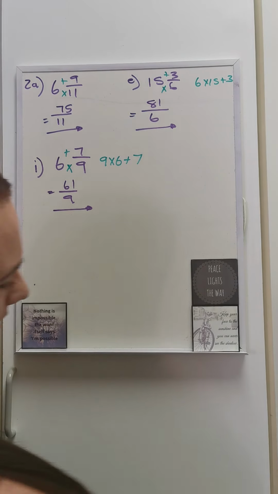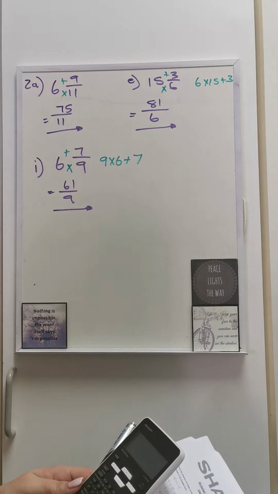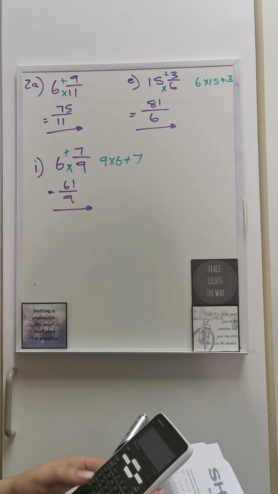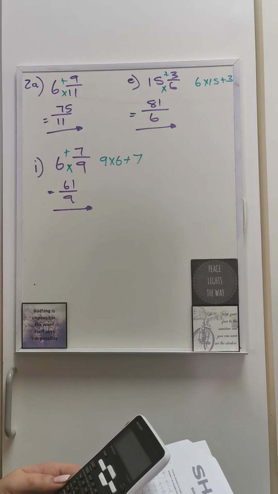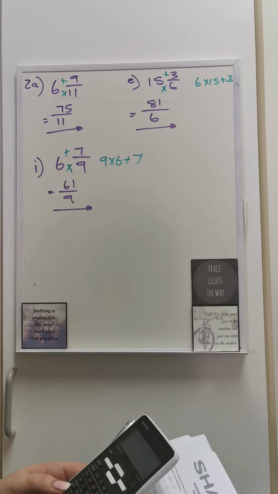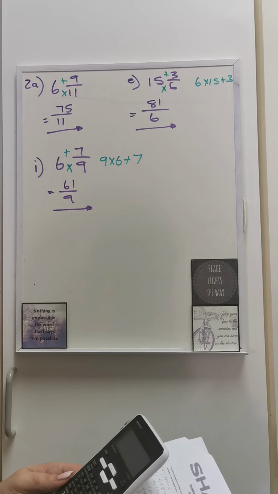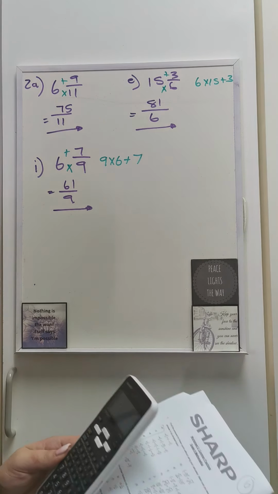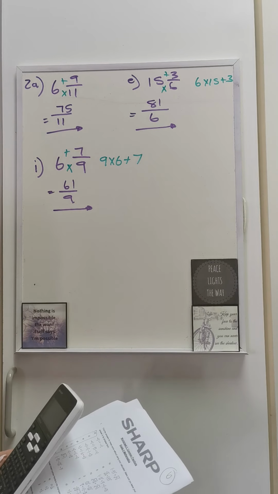You guys, they say simplest form. If you put 75 over 11 on your calculator and you press equal, and it gives you a simpler improper fraction, then you write it down.